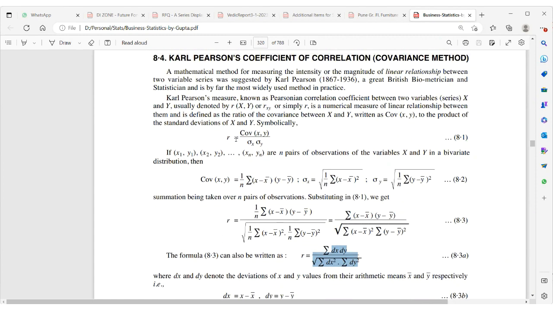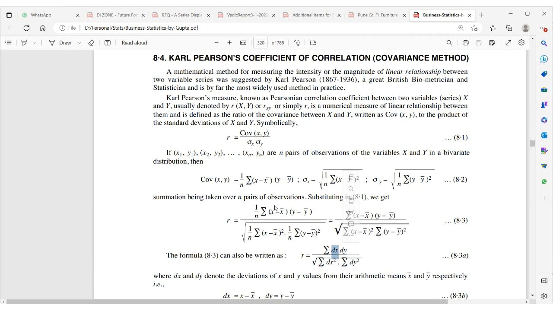General formula is r is covariance of x and y upon standard deviation of x upon standard deviation of y. Now look at this formula, that is the summation of dx into dy upon square root of summation of dx square into summation of dy square, right?